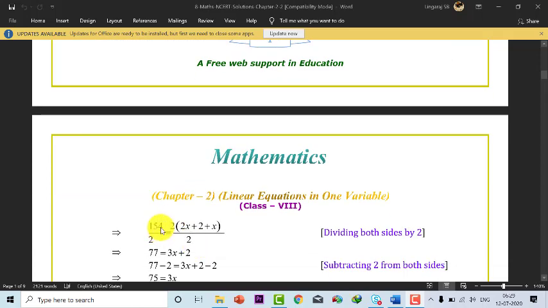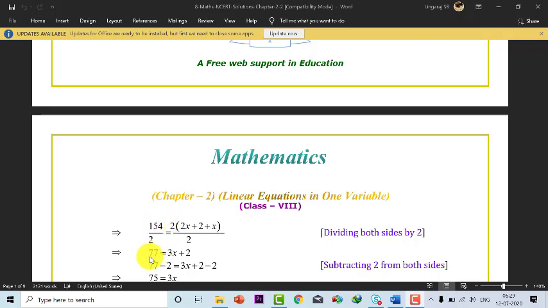Then in the next step we simplify. We have to remove this 2 from both sides, so we divide both sides by 2. 154 by 2 becomes 77, because 2 sevens are 14, 1 remains, then again 14, so 2 sevens are 14.